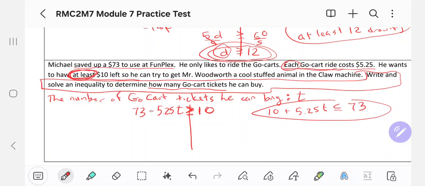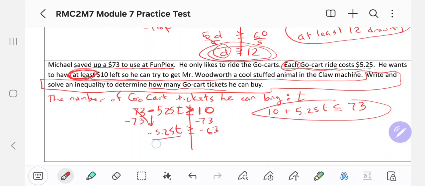All right, it's a little bit tricky because of this minus sign here. The 73 is a positive term, right? We look to the left of the term to determine how to cancel it out, and that's going to be minus 73 on both sides. So I have to bring down this negative sign: negative 5.25t is greater than or equal to, that's going to give us negative 63.